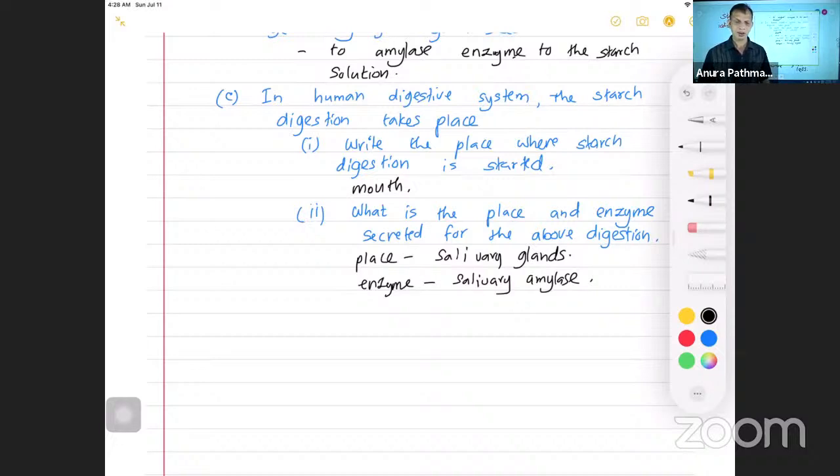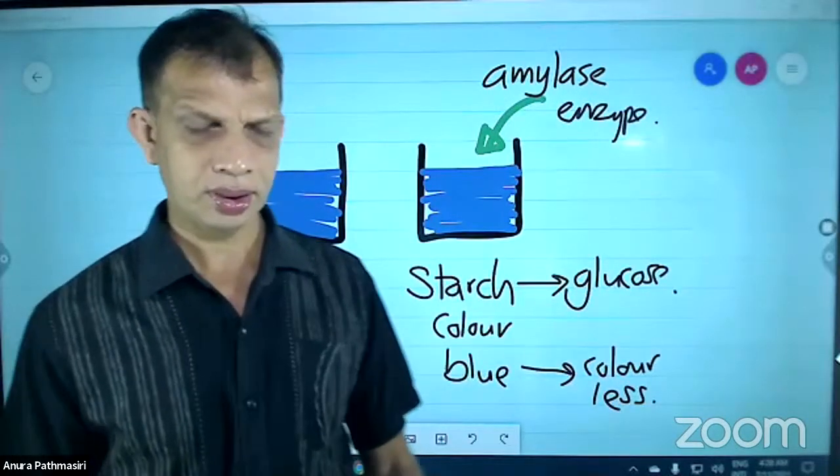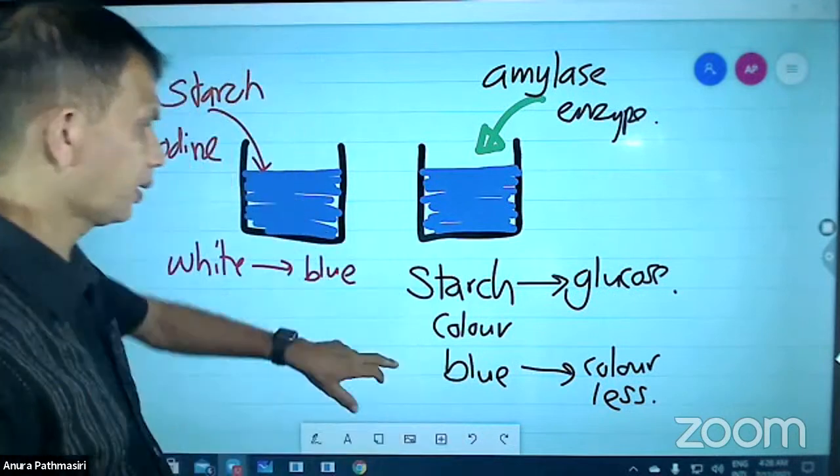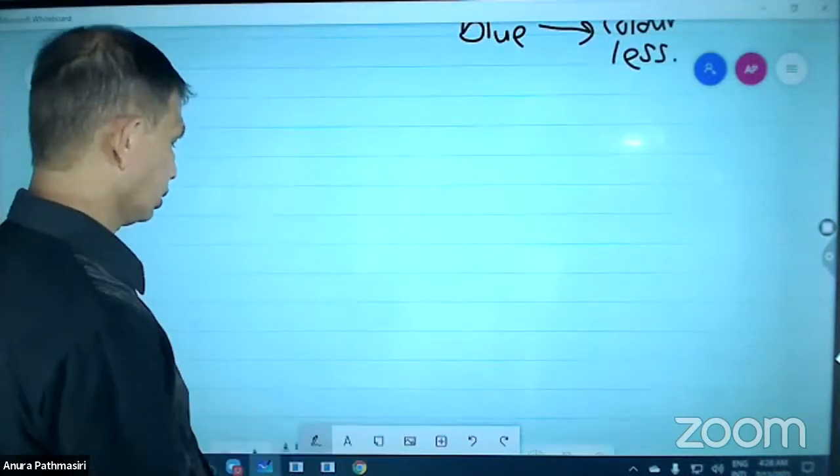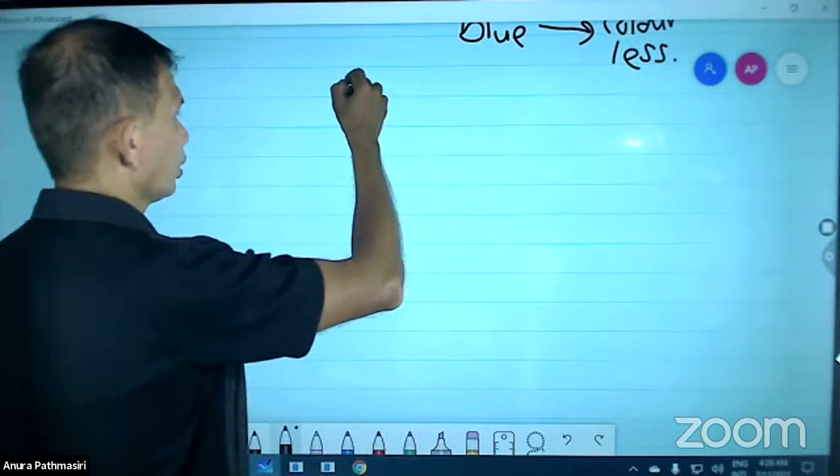From the small intestine, the starch digestion is completed. Starch is converted to maltose by amylase, and then from maltose, glucose is produced by maltase enzyme. So there are two steps of starch digestion that take place in the human digestive system.